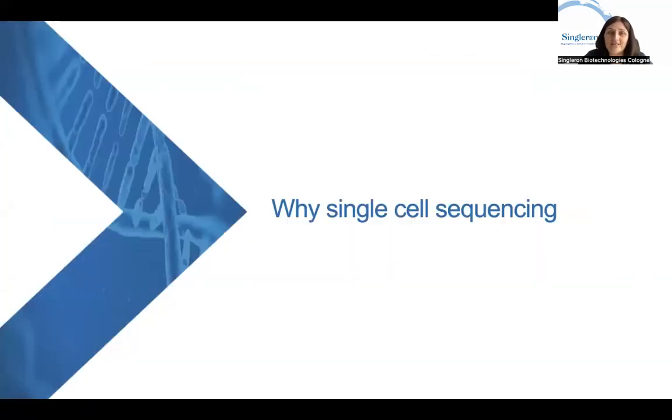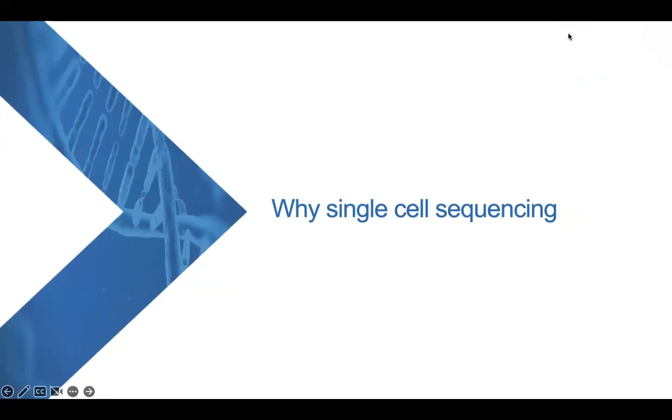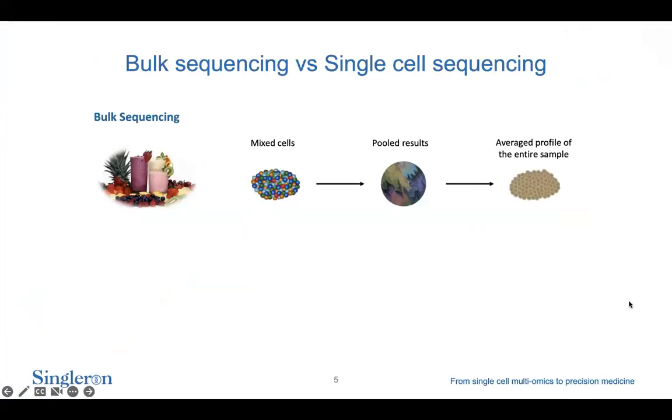And the question, of course, is why single-cell sequencing? Why is it so important, and what can it actually give you and your research, how can it advance your research? So there is a major difference between bulk sequencing and single-cell sequencing. When you do bulk RNA sequencing, you usually start with your tissue as an input material.